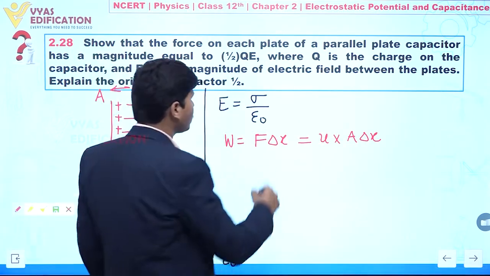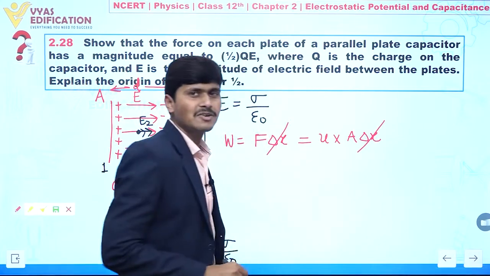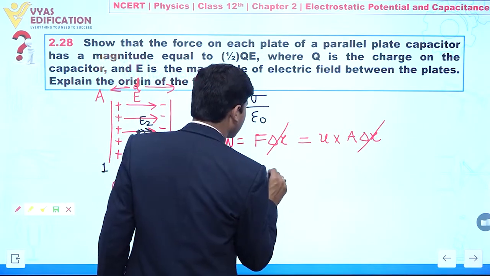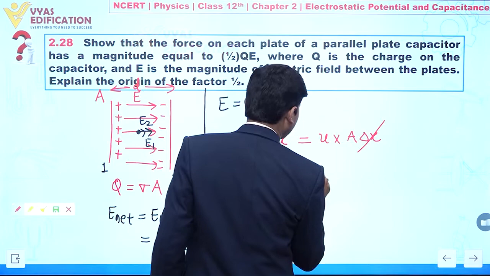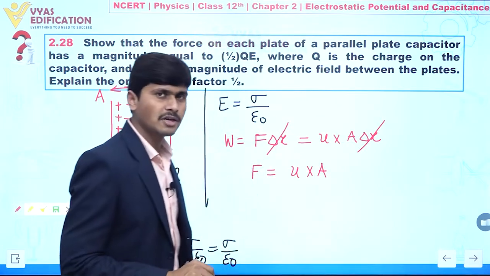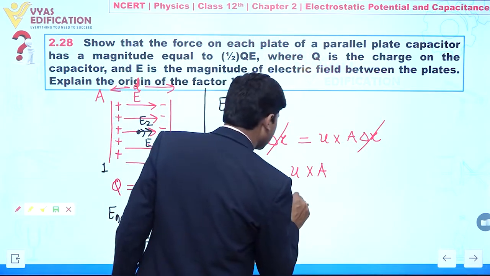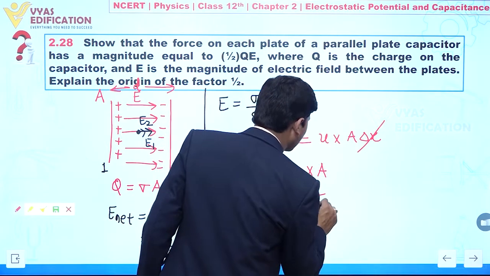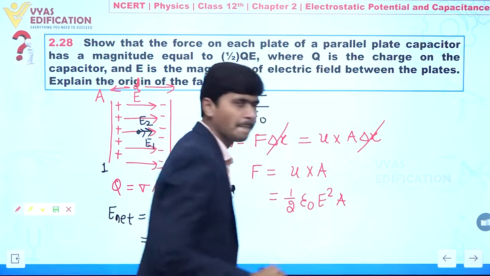So from here this one and this one cancel out. So we can write force is equal to U multiplied by A. Now from here we can write this is 1/2 epsilon naught E square multiplied by A.